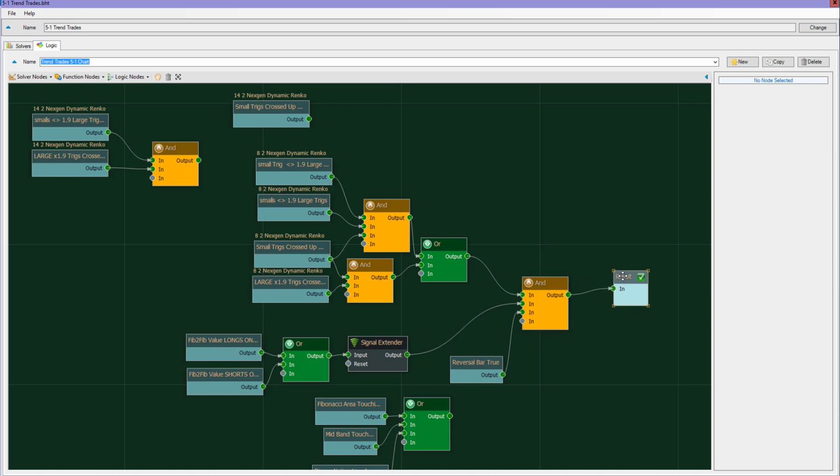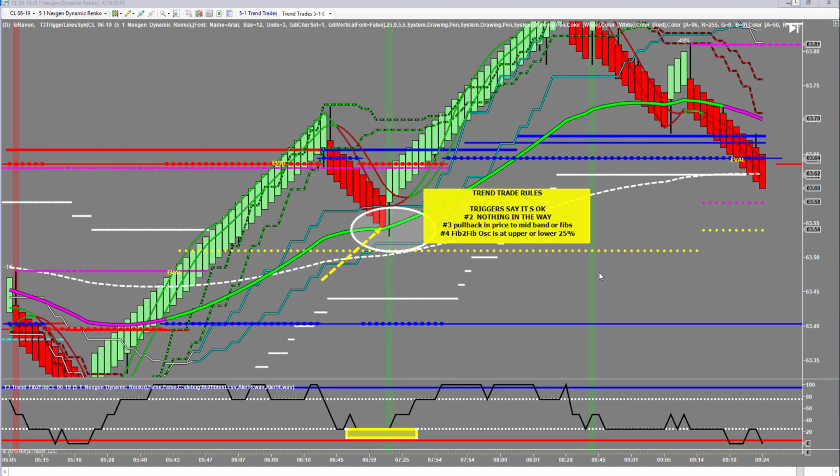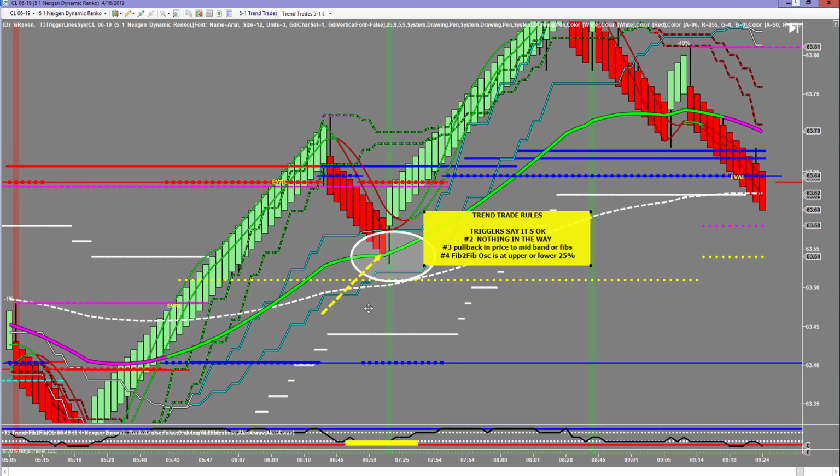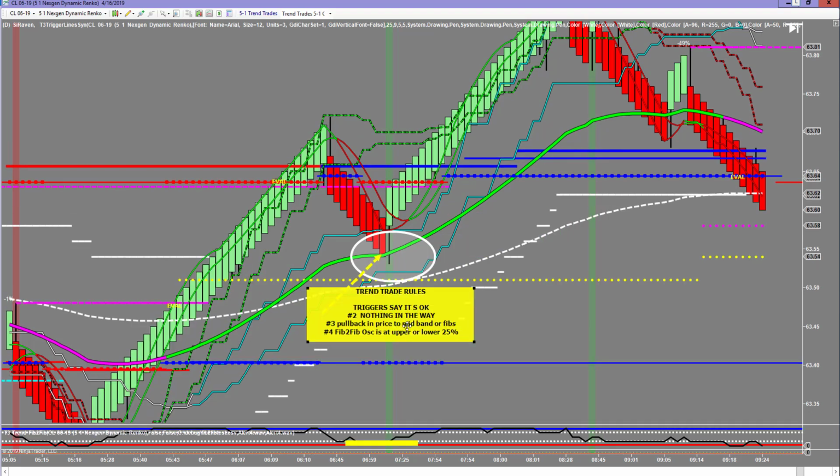I'm going to stitch all those together, and then we're going to see where all of the triggers are okay, where the fib to fib oscillator went down, and then we had a retracement. It's going to plot for you a stripe where the rules are true for a trend trade with the exception of the mid-band or fib.